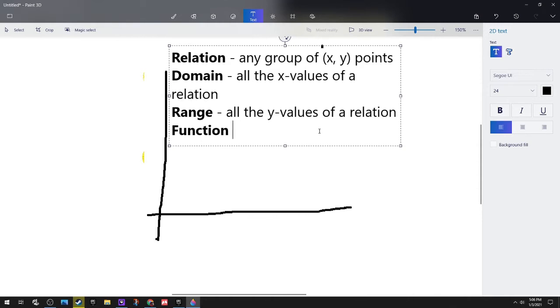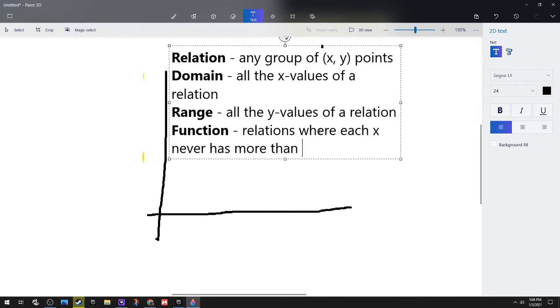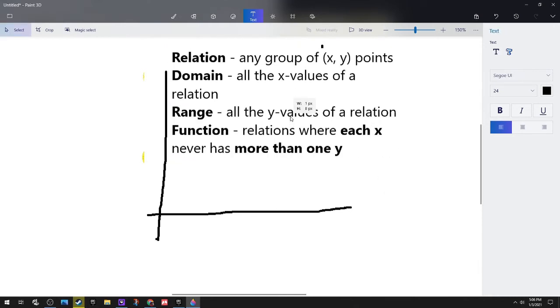So functions and what they are, they're relations where each x never has more than one y. That's what a function is, the more selective group of relations.